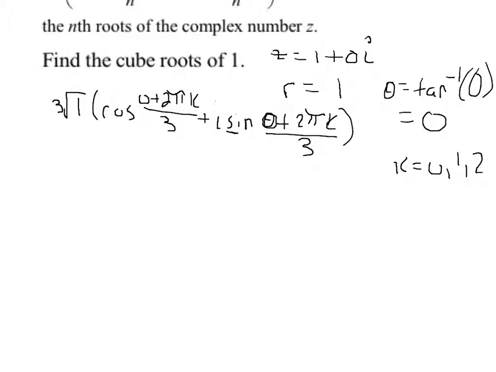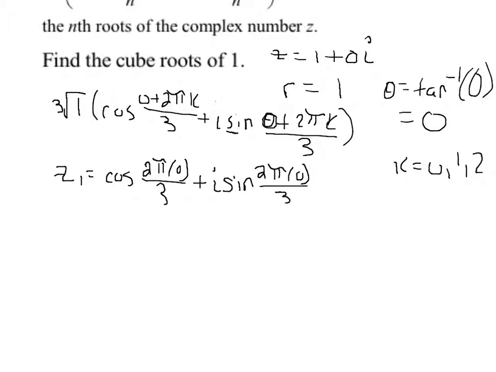So z1 equals cosine of 2 pi times 0 divided by 3 plus i sine 2 pi times 0 divided by 3. So z1 equals, well, what's the cosine of 0? 1. What's the sine of 0? 0. So it's just 1.